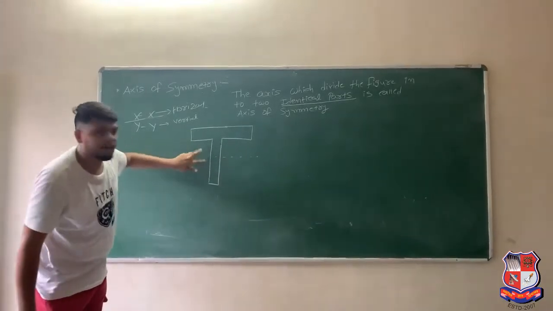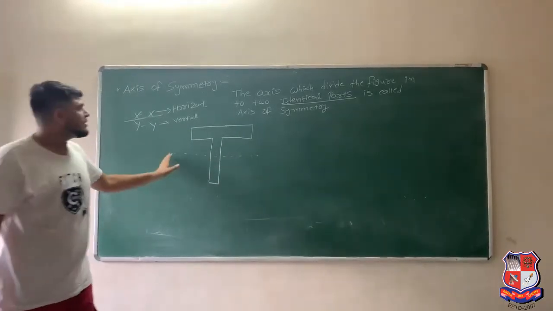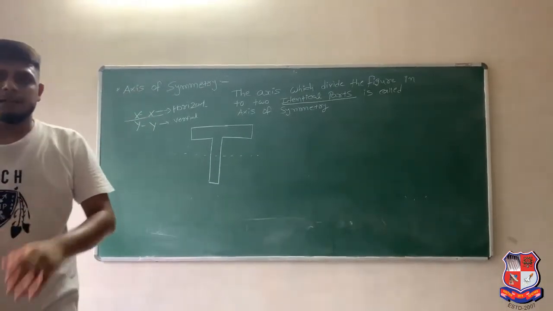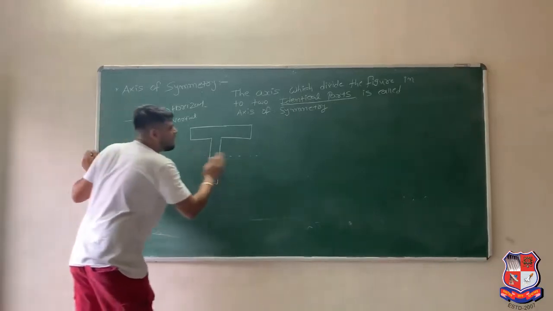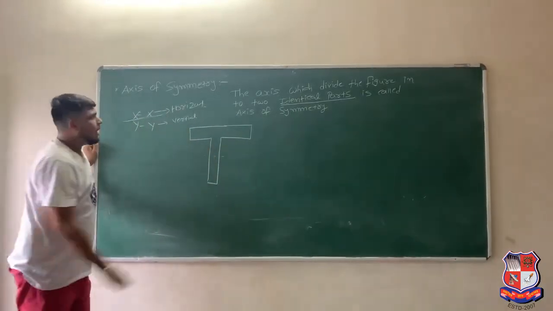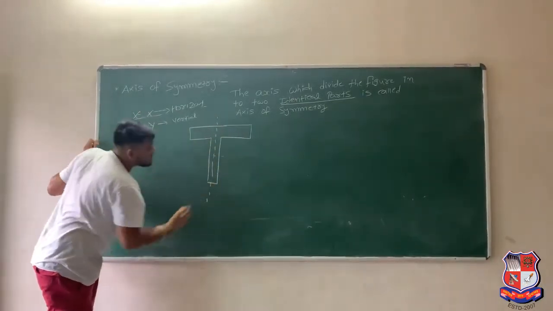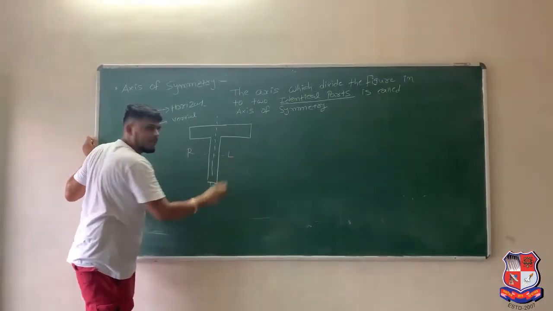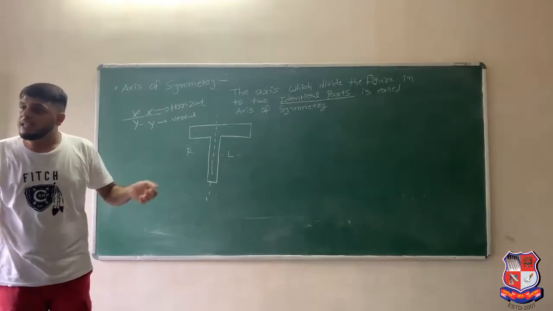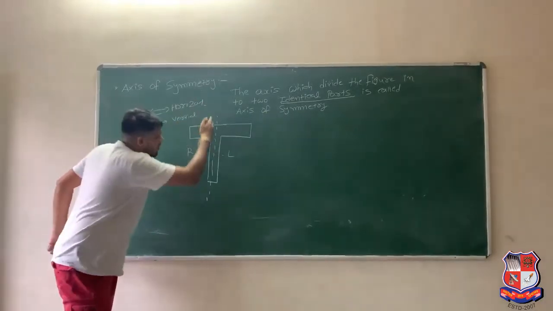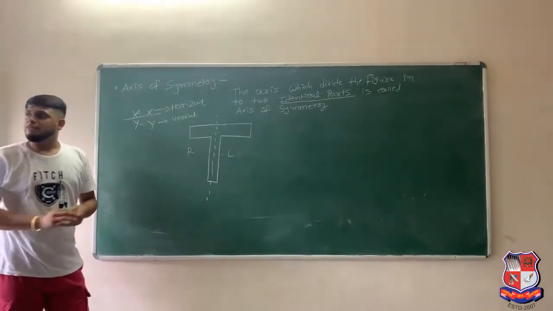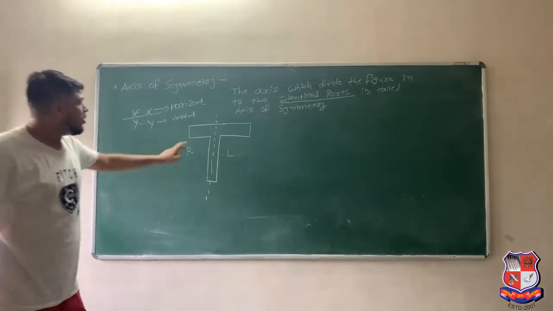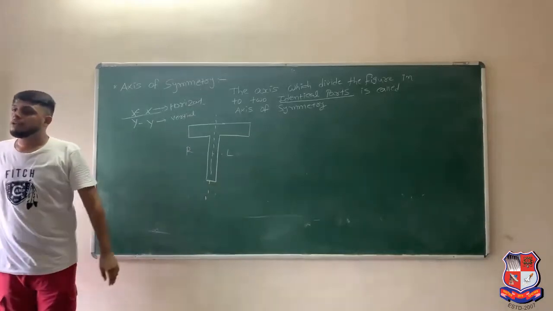Both the parts are different ones. So we can't say the x-axis is an axis of symmetry for the T section. But if we cut the figure vertically about the y axis, both the right hand side and left hand side are the same. So the figure is symmetrical about the y axis. So it's called the axis of symmetry.